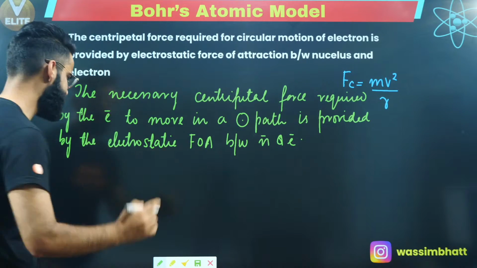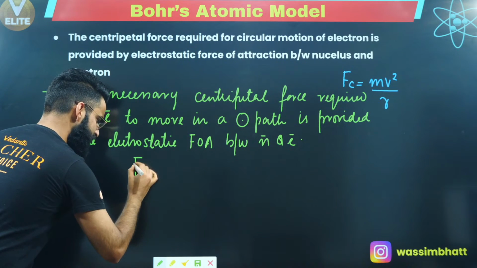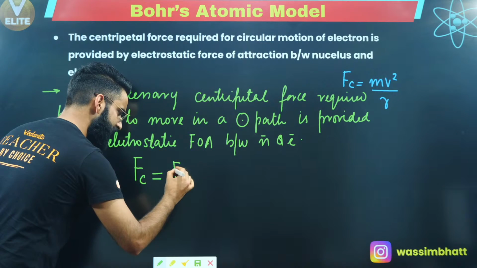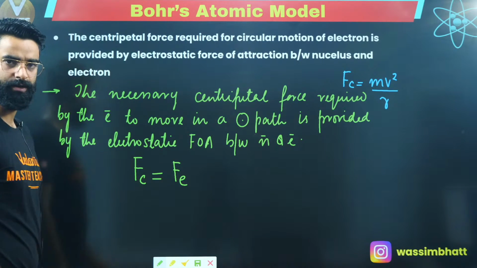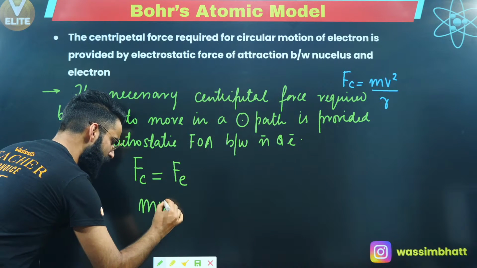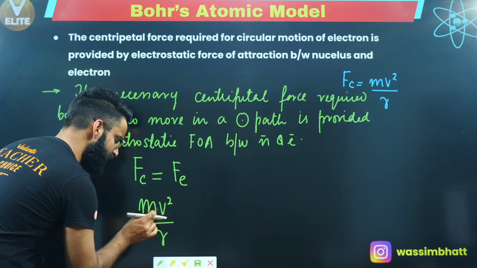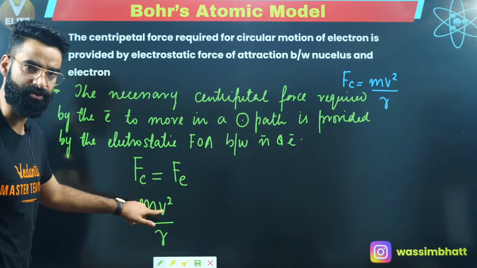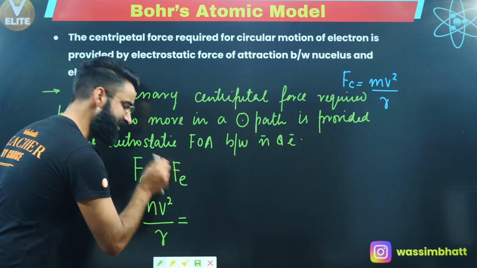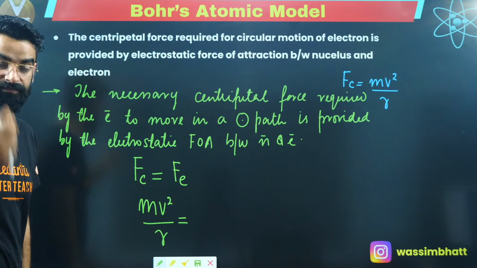Okay, so I can clearly say your centripetal force, which I'm representing by C, is being provided by the electrostatic force of attraction between the nucleus and the electron, okay? And centripetal force, as you all must know, is equal to mv square divided by r, where m is the mass of the electron, v is the velocity with which the electron moves, and r is the radius of the circular path. It is equal to the electrostatic force of attraction.